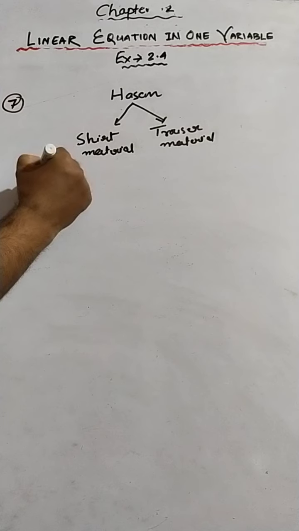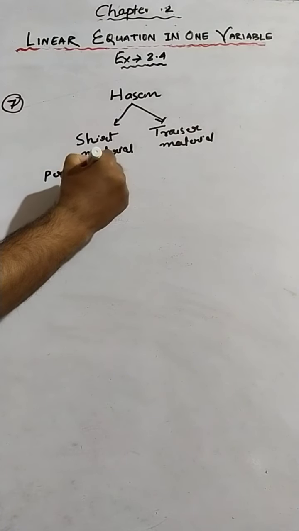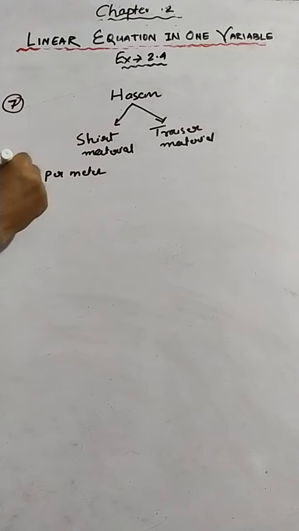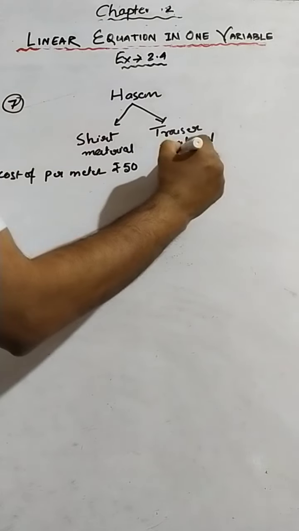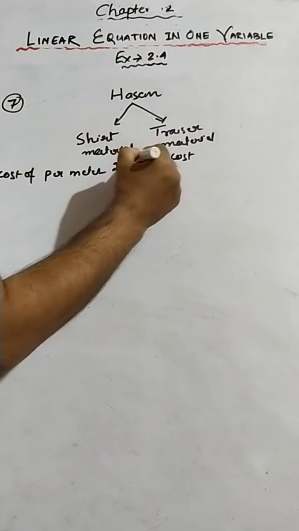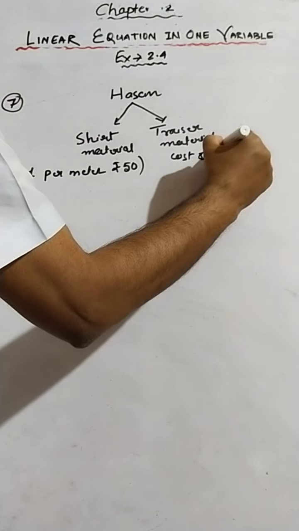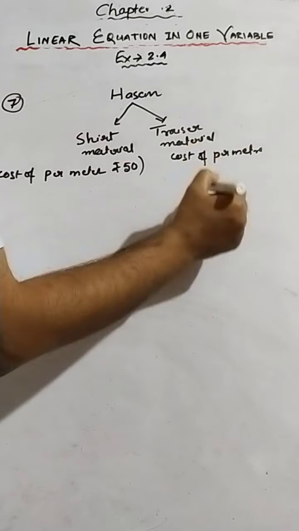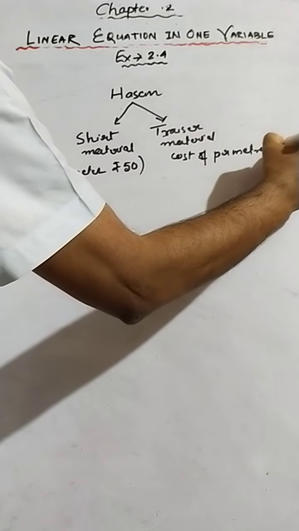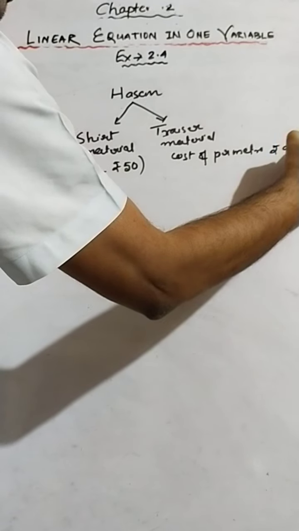Cost per meter is rupees 50 for shirt, and cost per meter for trouser, I guess, what is written? 90. It is 90 written.